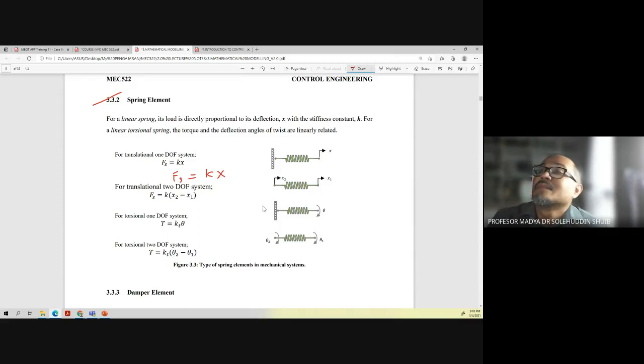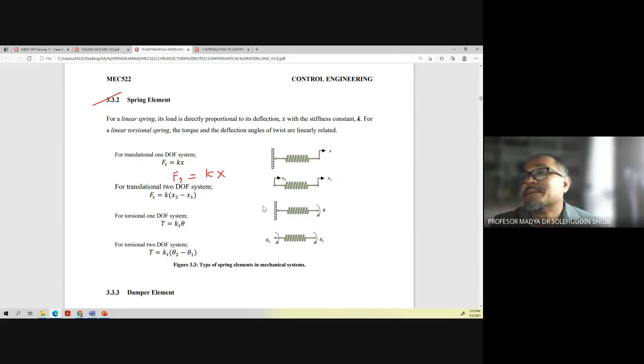So in this case, the load will be directly proportional to the deflection. So once you stretch the spring, it will go back to its original position. And you will also have the k here. What is k? K is spring constant. Okay.